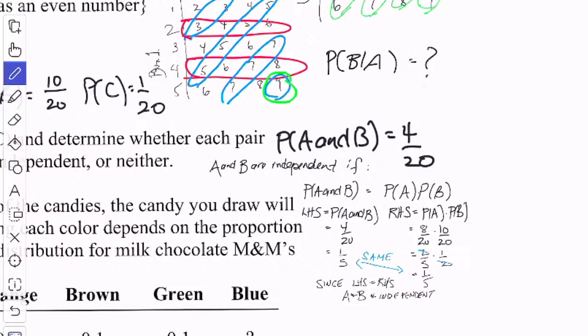What's the probability of B given A? So within A, what's the chance of seeing B? Within A, it's half of the time. It's here and here, and here and here. So within the domain of A, you see B half of the time.